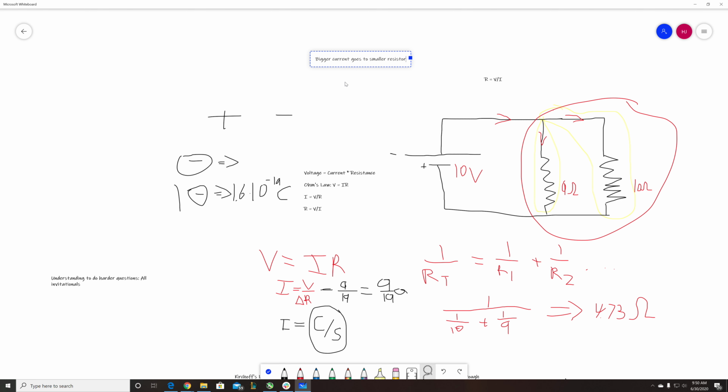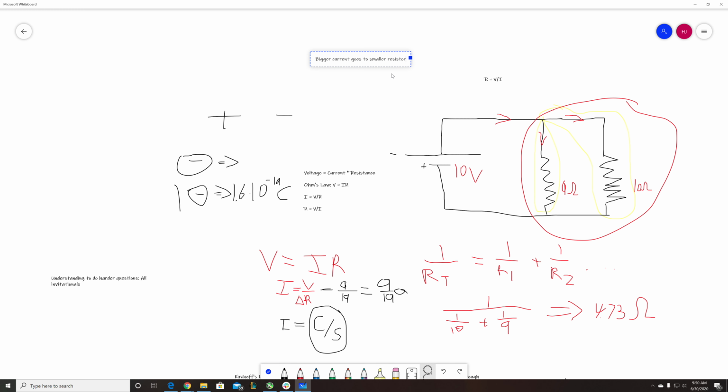This is always a nice thing to think about. Bigger current always goes to the smaller resistor. There are 2 ways to see why. The easier way to comprehend is that it's just a fact you need to understand. I'll explain why after we understand this, but big current goes to the smaller resistor.